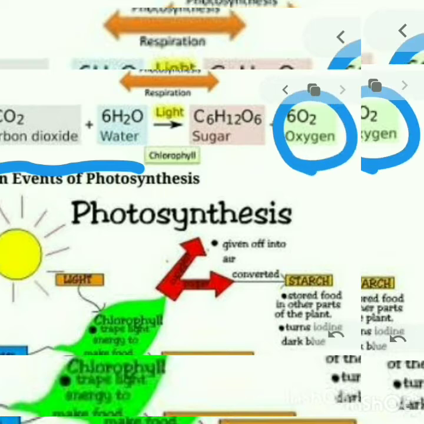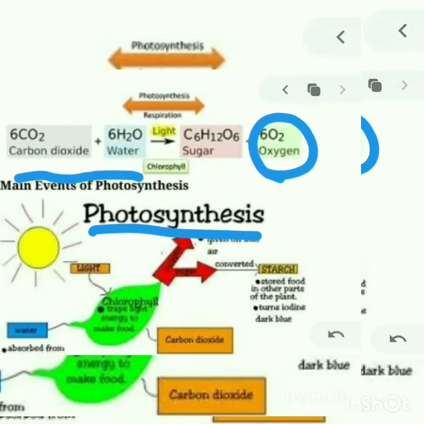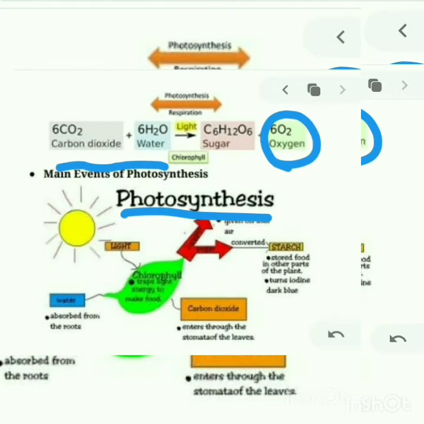C6H12O6 is a sugar substance. So this is the process of photosynthesis, and oxygen is released as a byproduct which is utilized by us. I hope it is clear to you all.